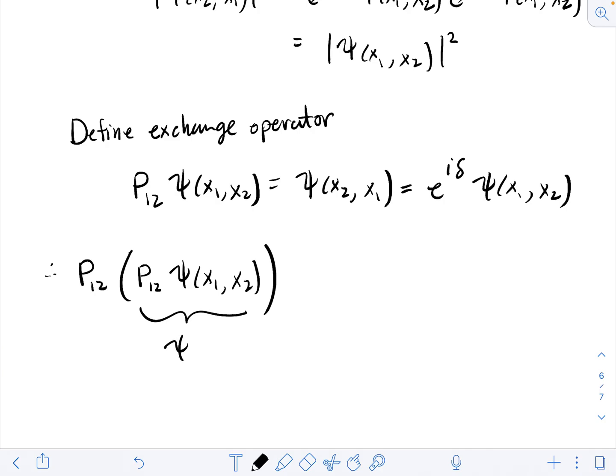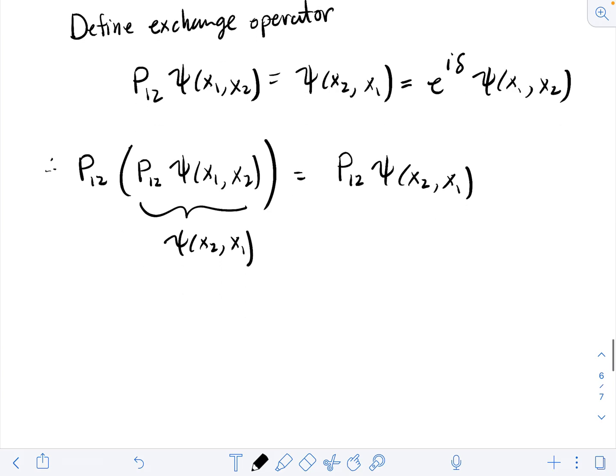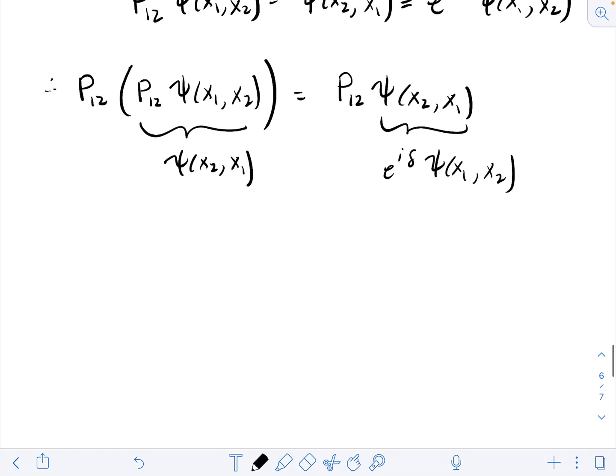We know that this is going to be phi x2, x1, and so this is equal to P12 phi x2, x1. But we know that this is e to the i delta phi x1, x2. And so what we have is then e to the i delta P12 acting on phi x1, x2.